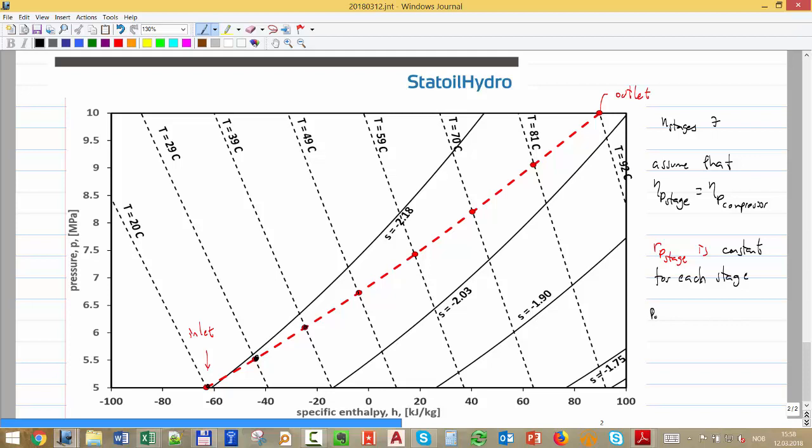Let's say P outlet, or P discharge, divided by P suction. Then we have here P1, the exit of stage 1, 2, 3, 4, 5, 6. So that divided by P6 should be times P6 divided by P5 times P5 divided by P4, and so forth. So at the end we have all the pressure ratios of every stage multiplied, right? How many times?